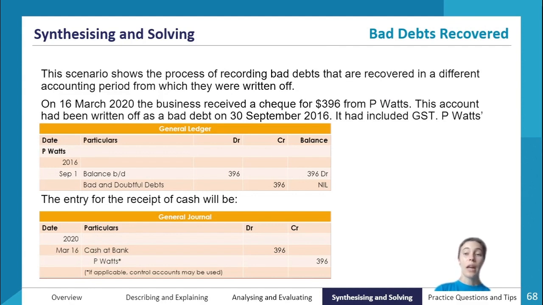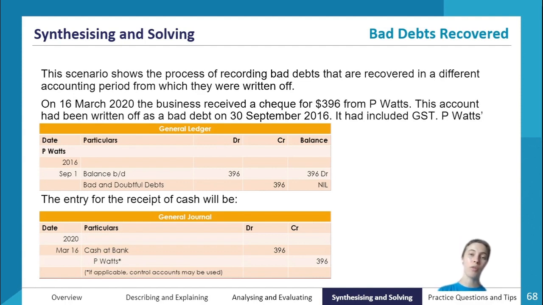So next up, aside from working out writing off bad debts, you also need to know what to do when you're recovering bad debts. So this scenario is going to show the process of recording bad debts that are recovered in a different accounting period from which they were written off.